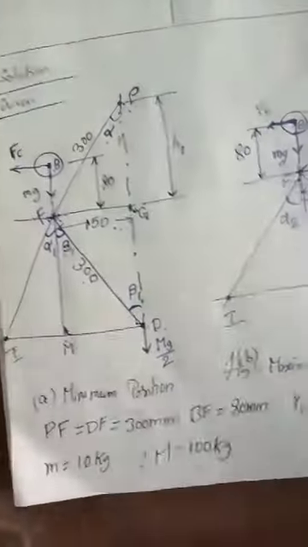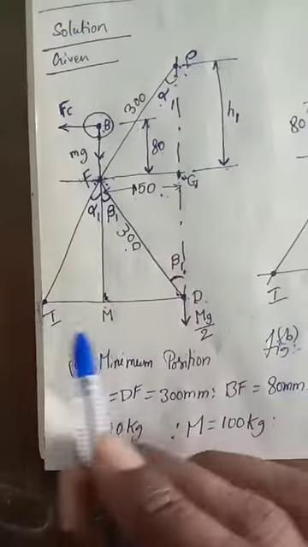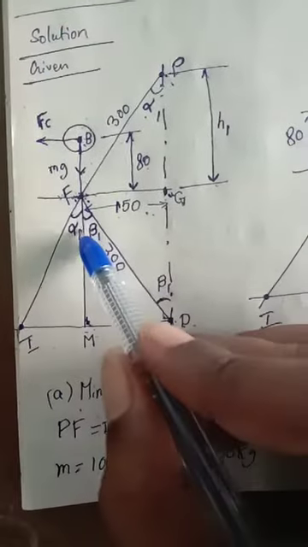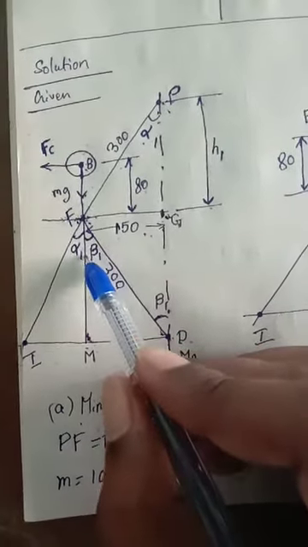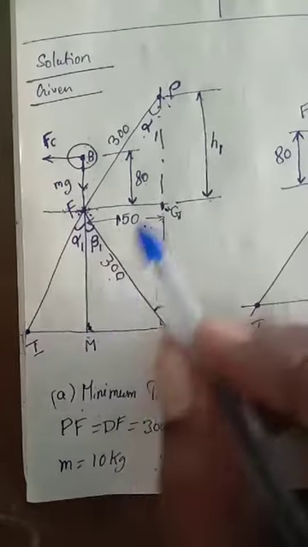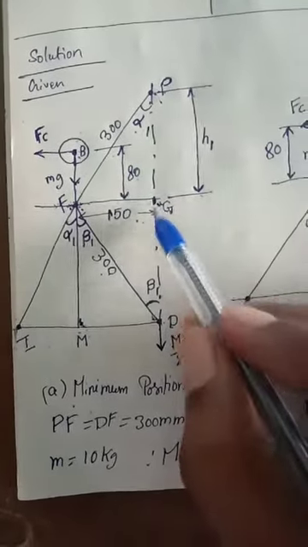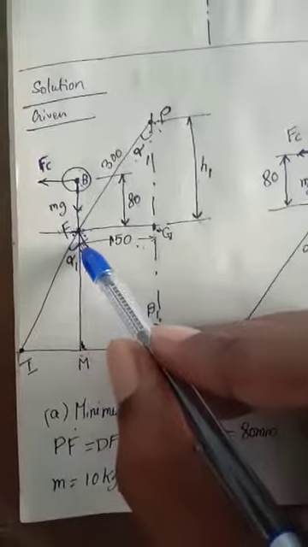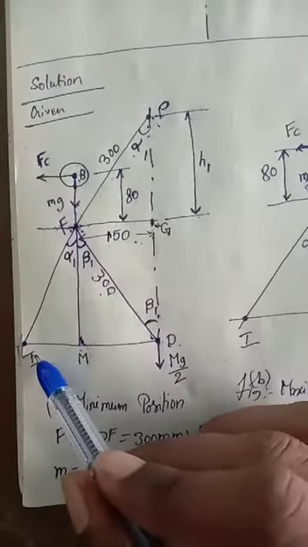And then IM is this distance. You can take this alpha, and this distance is called H1, that is PG. So IM is FM tan alpha, so we put tan alpha, and now BM.